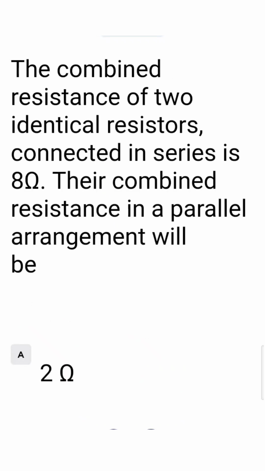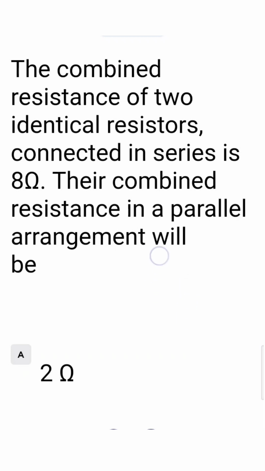The combined resistance of two identical resistors connected in series is 8 ohm. Their combined resistance in parallel arrangement will be: each resistor is 4 ohm, so 1 over 4 plus 1 over 4 is 2 over 4, cancelled, R is 2 ohm.